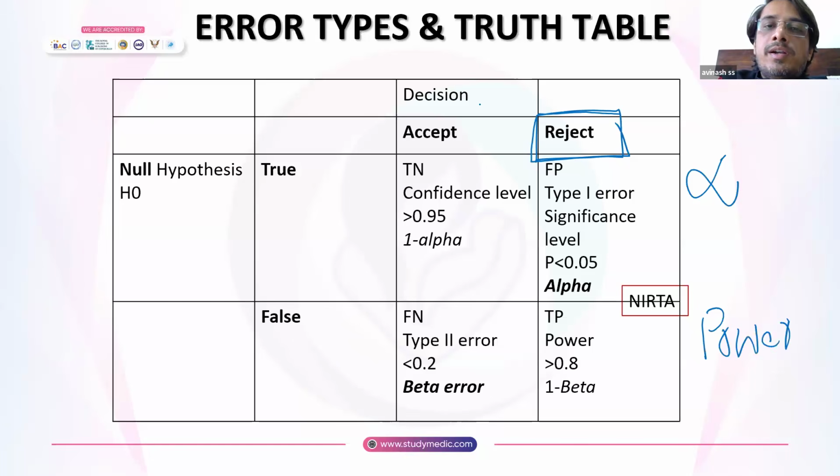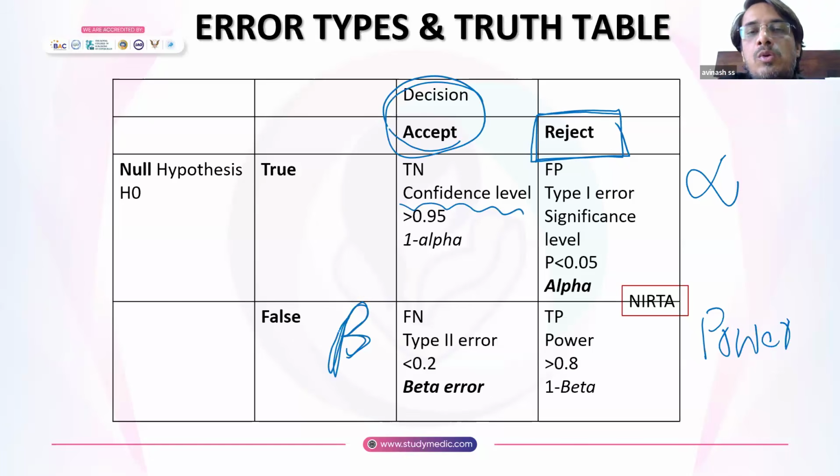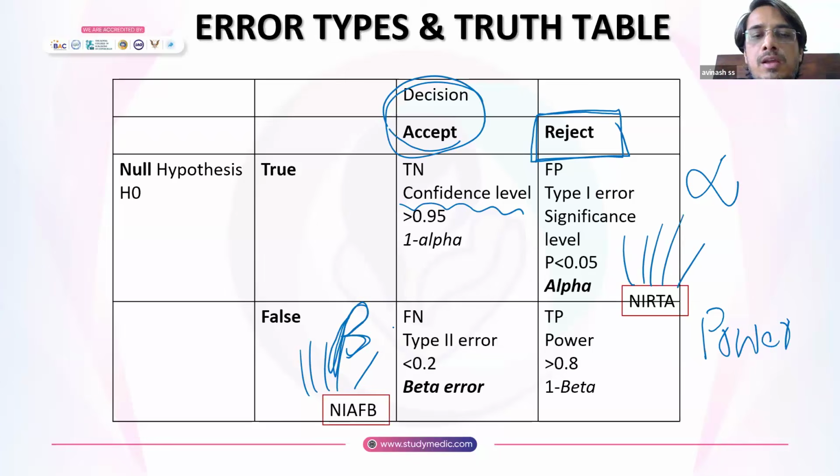Whenever the word is fail to reject or accept, either it is confidence or it is beta error. That way we can rule out two things. Now we will also use the mnemonic. Null hypothesis is rejected when true, alpha error. Null hypothesis is accepted when false, is beta error, NIAF. This mnemonic also can be used.